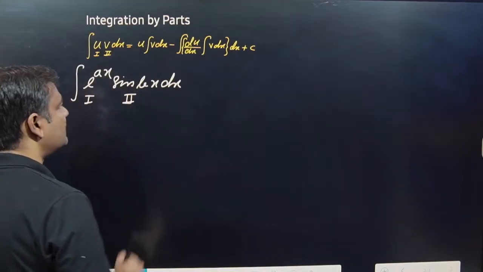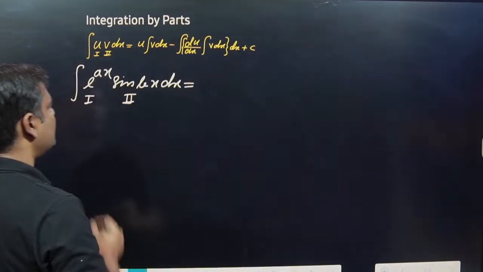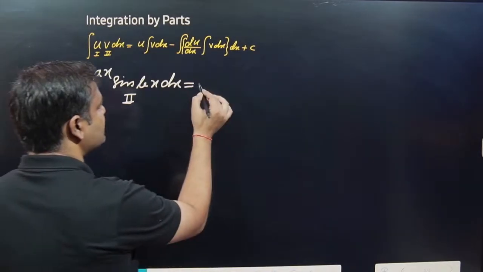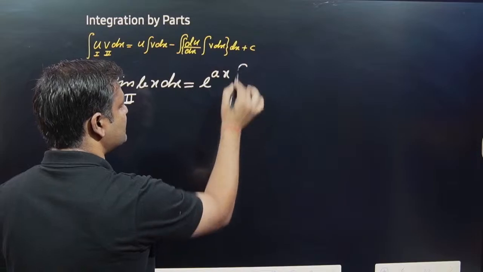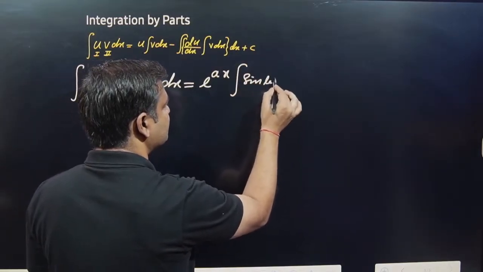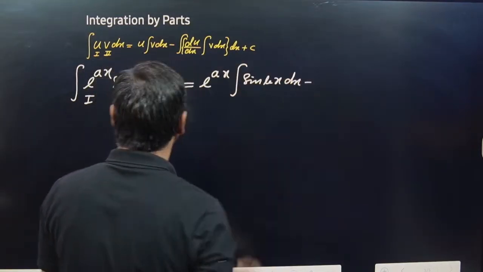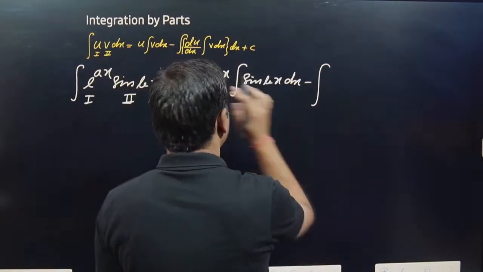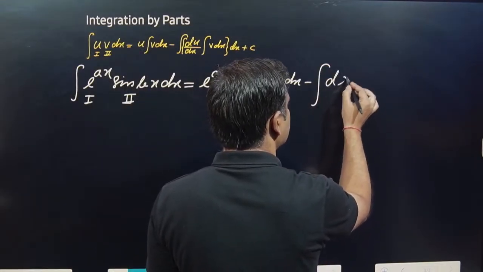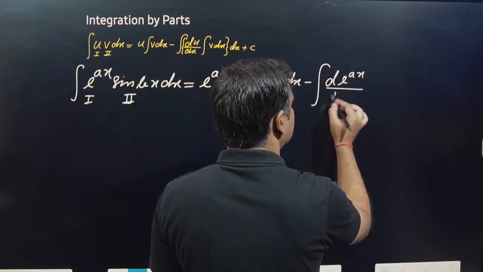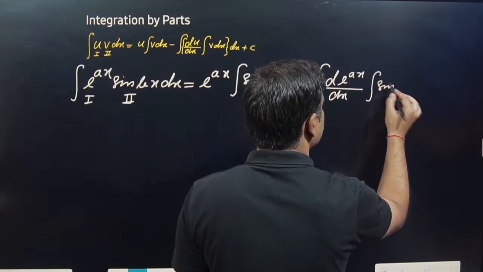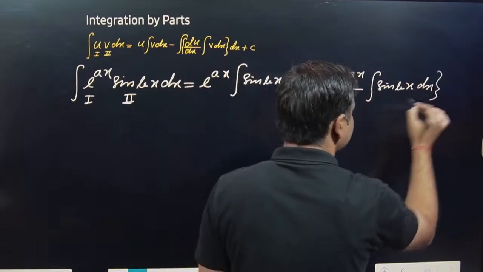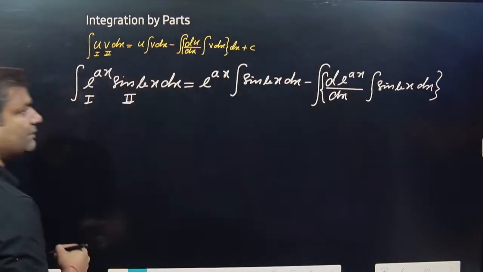Look here, I will check. If this one is taken first and this one second, then first into integration of sine bx into dx, minus integration of differentiation of e to power ax into sine bx into dx. Look here very carefully.